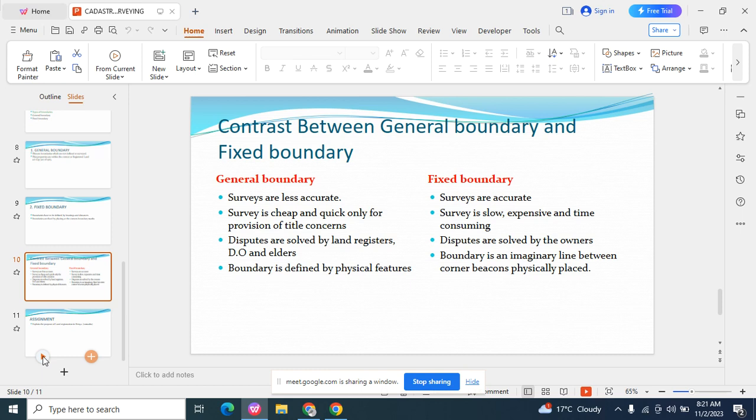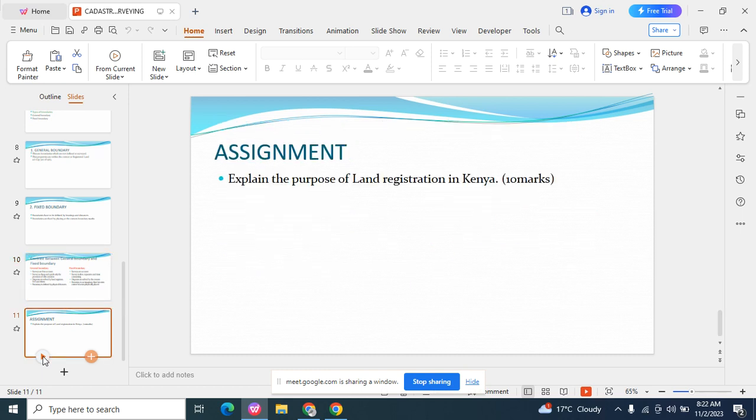We learned the meaning of cadastral survey. We also learned about the purpose and the scope of cadastral survey. Thank you. Survey involves surveying the land. Okay, thank you. That's great.